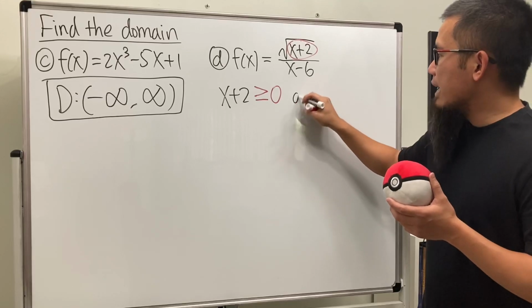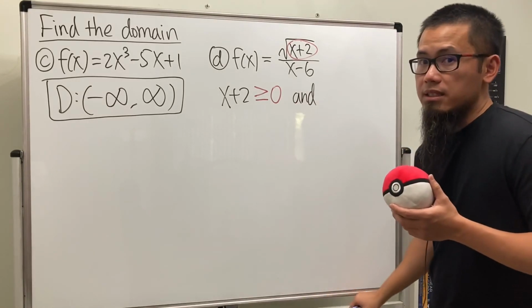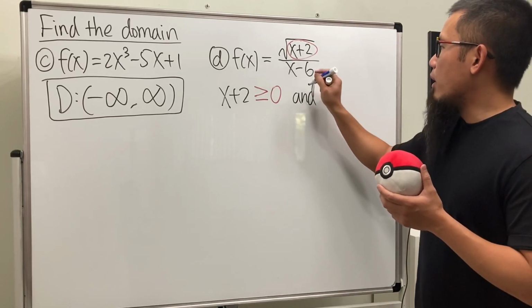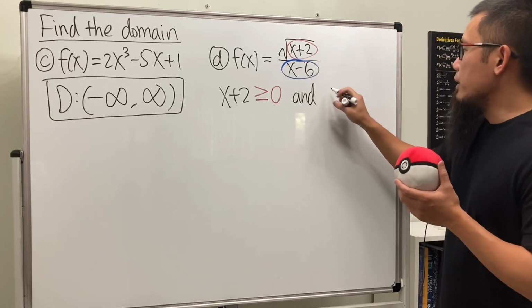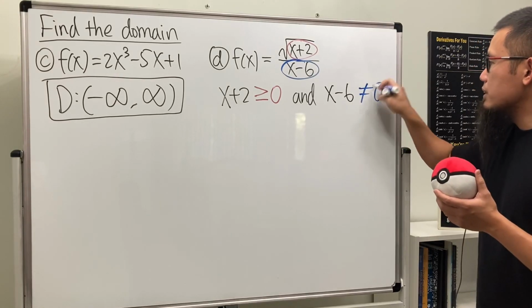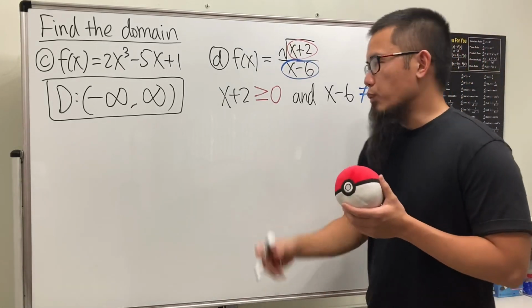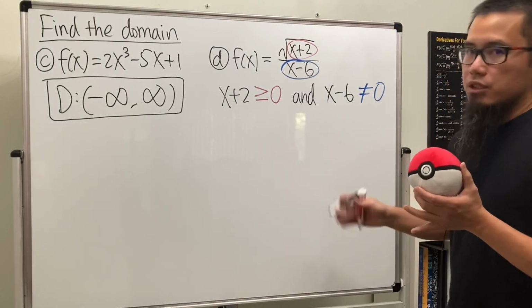And we do have the other part right here, because we see that we have the x minus 6 on the bottom. So for this part, we will have to make sure that x minus 6 cannot be equal to 0.